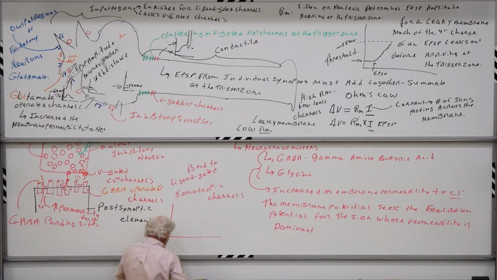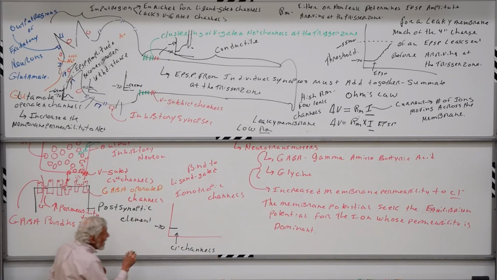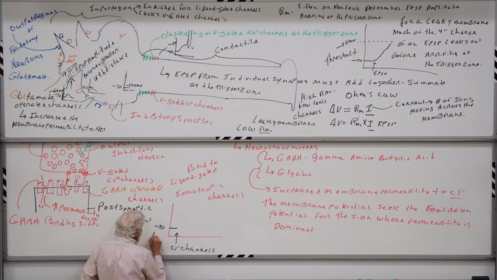And so if we start here with a membrane potential that's, say, minus 70 millivolts, and at this point we open the chloride channels, now let's say we set the equilibrium potential, the E sub Cl, at minus 75 millivolts.